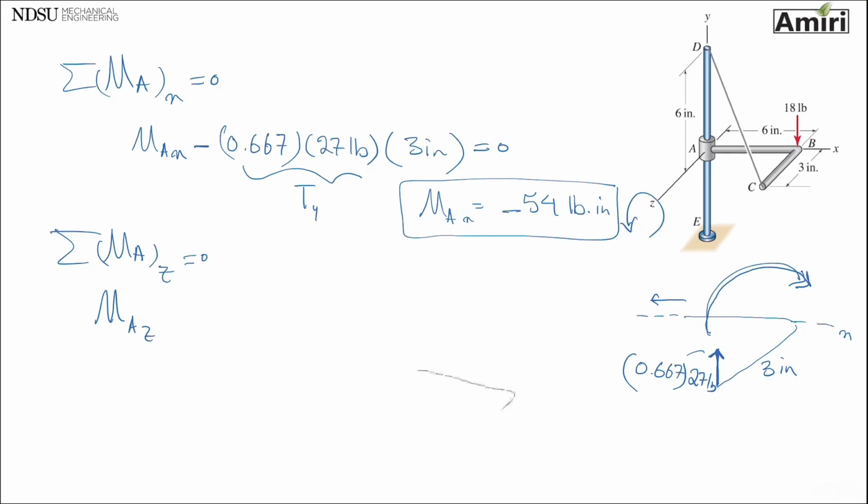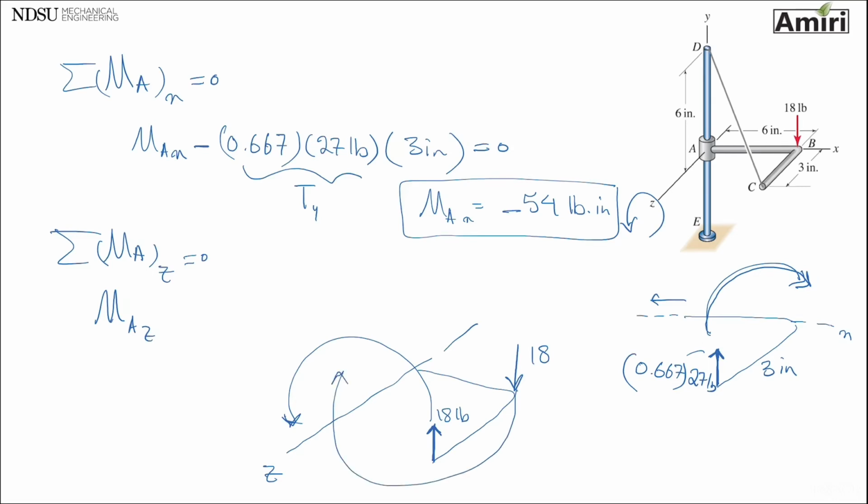The forces that I see is the vertical component of the force, which is 0.667 times 27, which is 18 pounds. The vertical component of T. And there's an 18 pounds right there. Okay. And this is my z-axis. This 18-pound is trying to rotate it this way. This 18-pound is trying to rotate it this way. So if you look, these two are kind of canceling each other out. But let's see if the equation will show us that too.